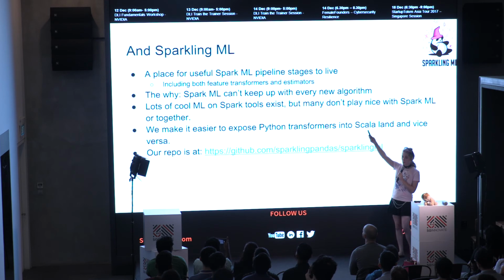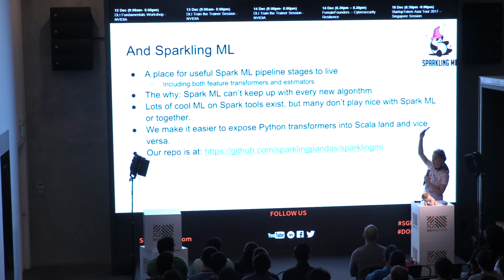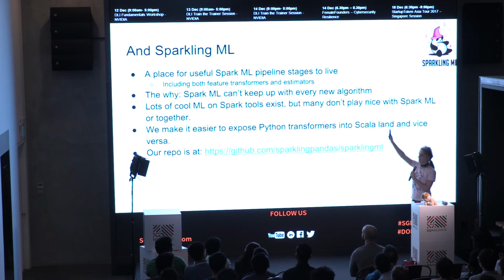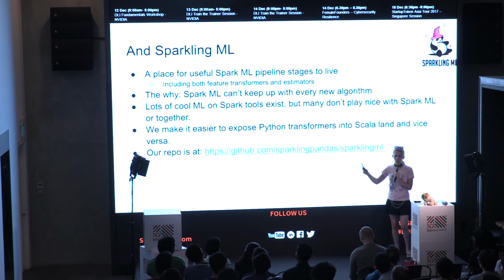So there's also this project called Sparkling ML, which has this really fancy logo that I got made for $5 on the internet. And it's a panda, which is why I was so excited about pandas. Also, I love the pandas library. But one of the cool things happening in Spark 2.3 is we're making it a lot faster to interact with Python code.